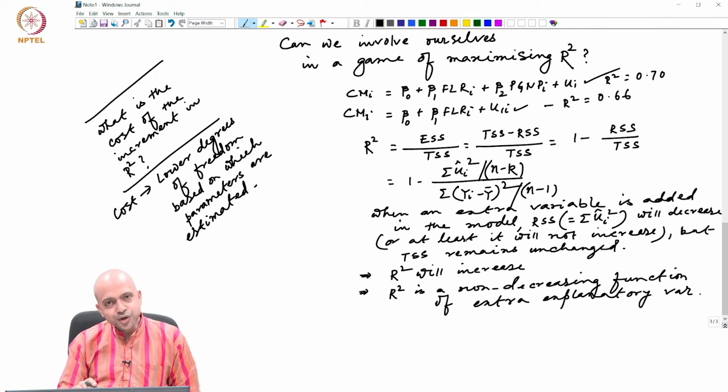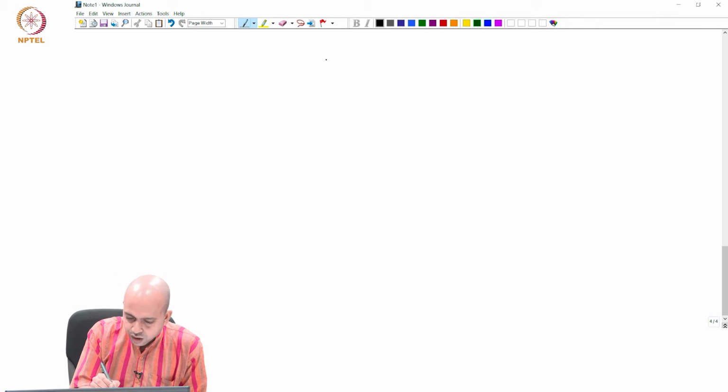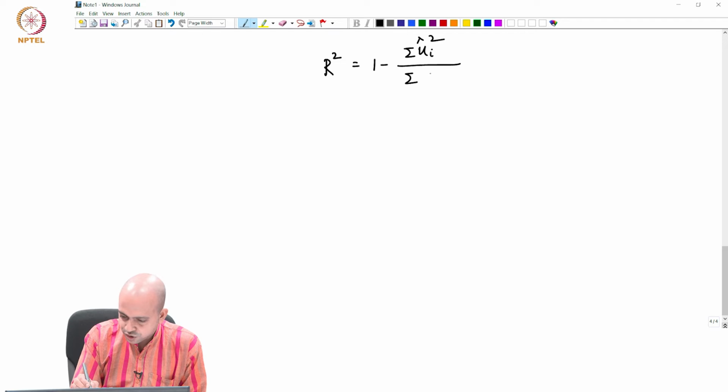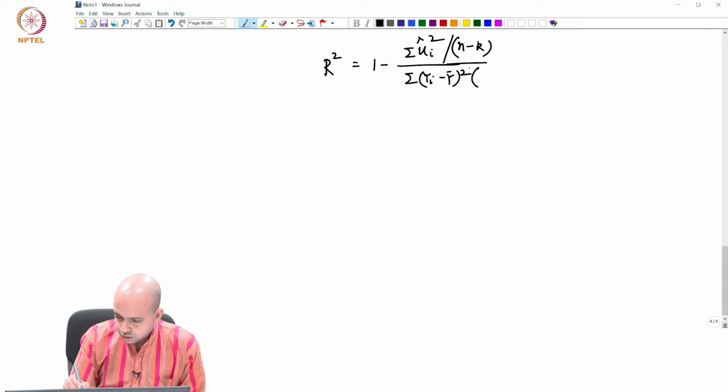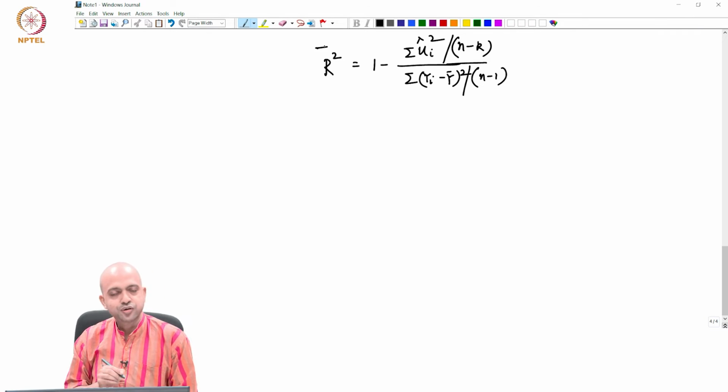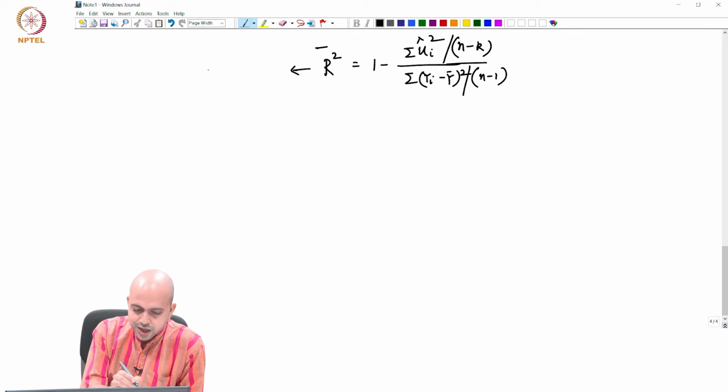And if you adjust your R square in this way, that is, 1 minus summation ui hat square divided by summation yi minus y bar whole square, and then adjust by the corresponding degrees of freedom, then we get what is now called R bar square, or adjusted R square.